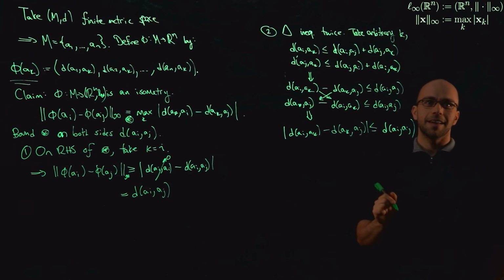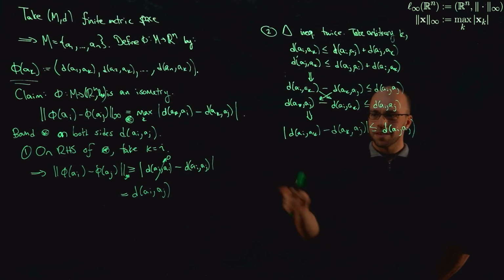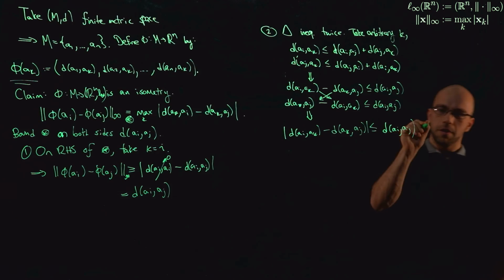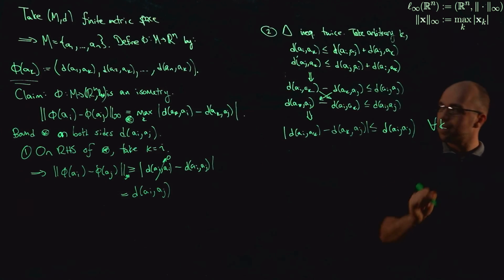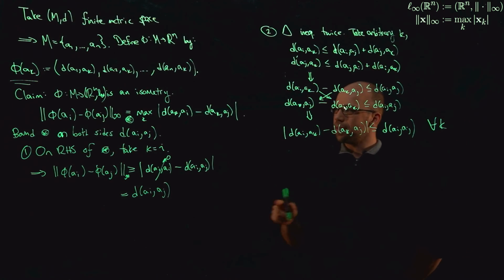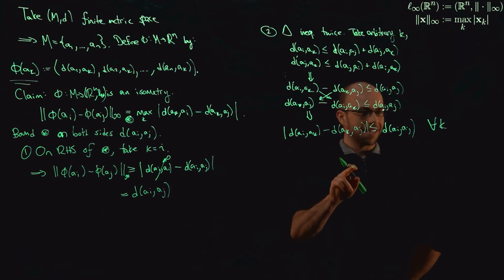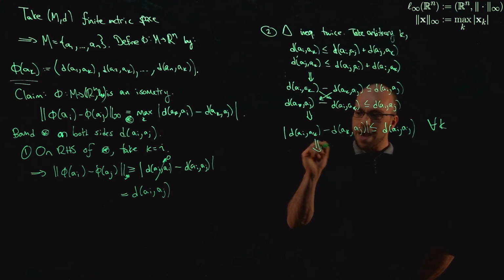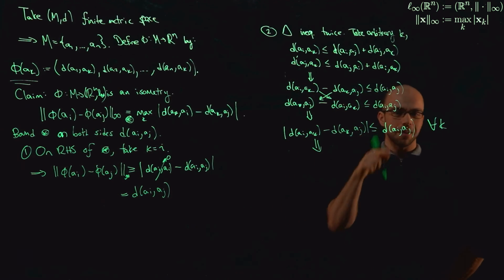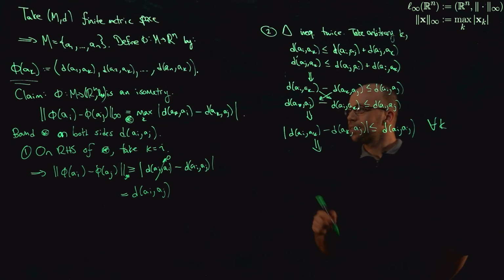Sorry, I should have written that explicitly. So this expression is true for all k. Well, what does that mean? That means that the max over all k is also upper bounded by the right-hand side here, right?